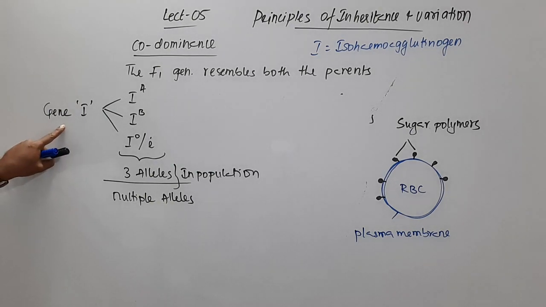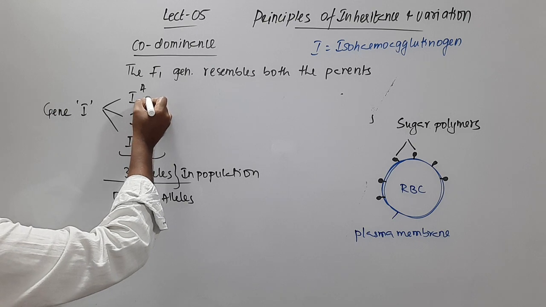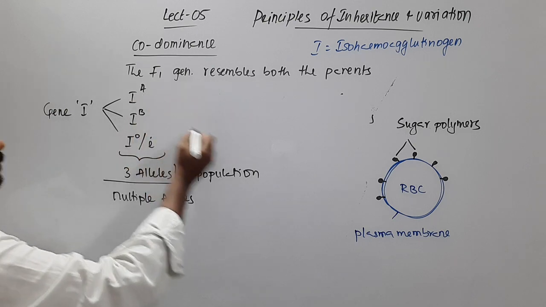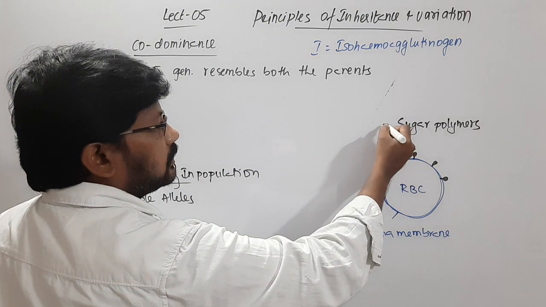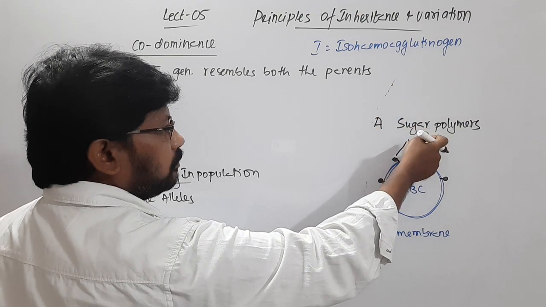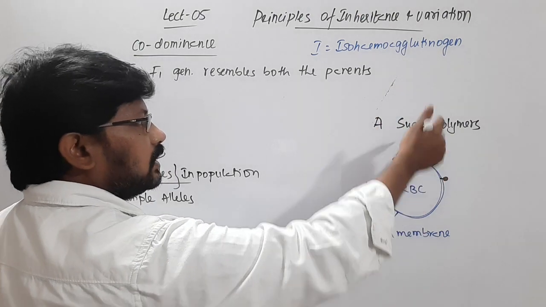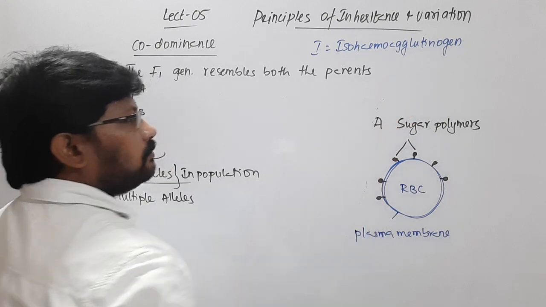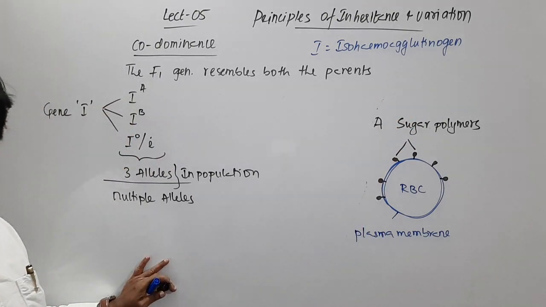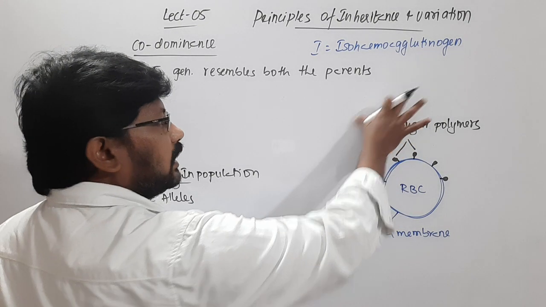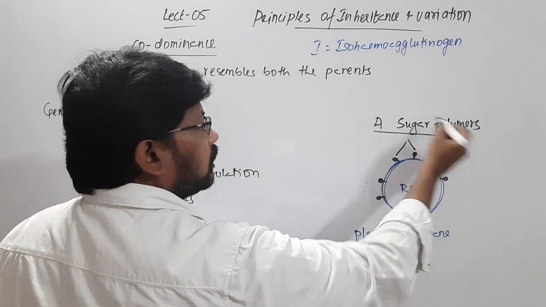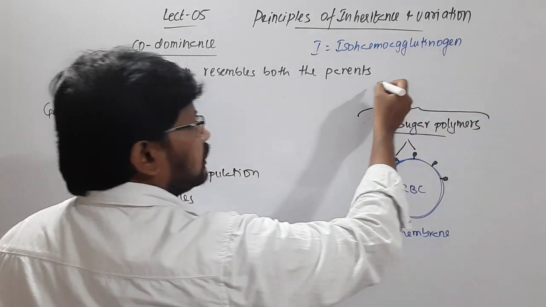So the gene I is capable of producing this sugar polymer. If it is able to produce this sugar polymer, then the person is said to have a blood group.